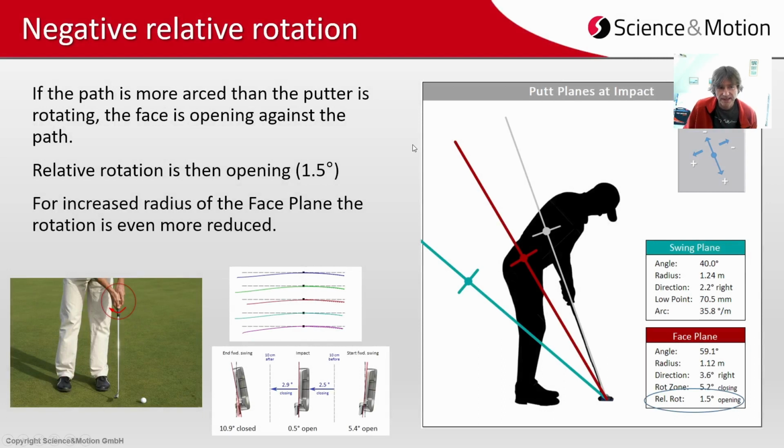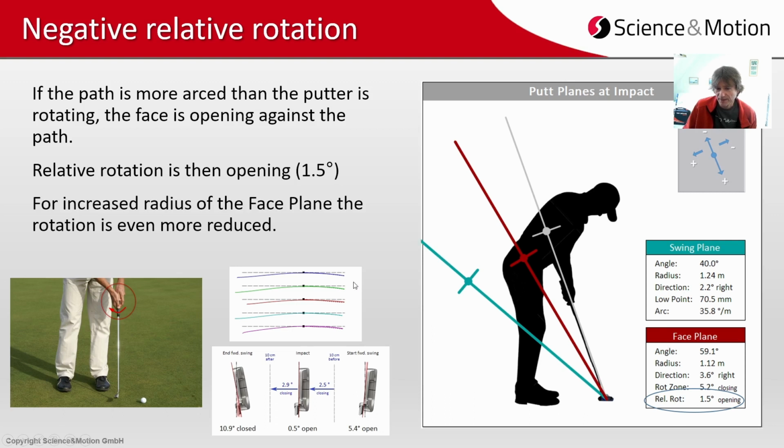In the opposite case, if you open the face by turning the putter shaft clockwise, the face is opening against the path, and relative rotation is now 1.5 degrees opening. And as a consequence, swing plane is now more flat and face plane is more upright.